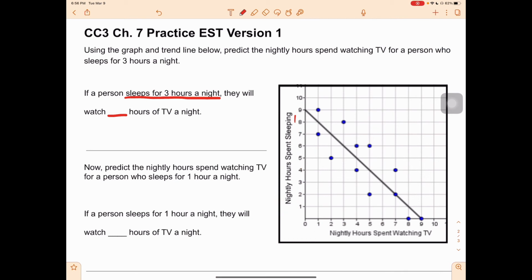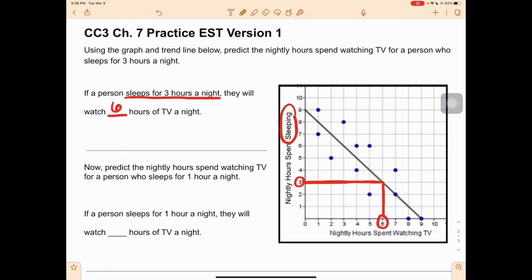It looks like it's this one here on the y-axis. That's how many hours are spent sleeping. So if it's 3 hours, I'm going to draw a line straight across to my prediction line, or our line of best fit, and then straight down. And that is the estimation that if they only spent 3 hours sleeping, we predict that they spent 6 hours watching TV. Okay?